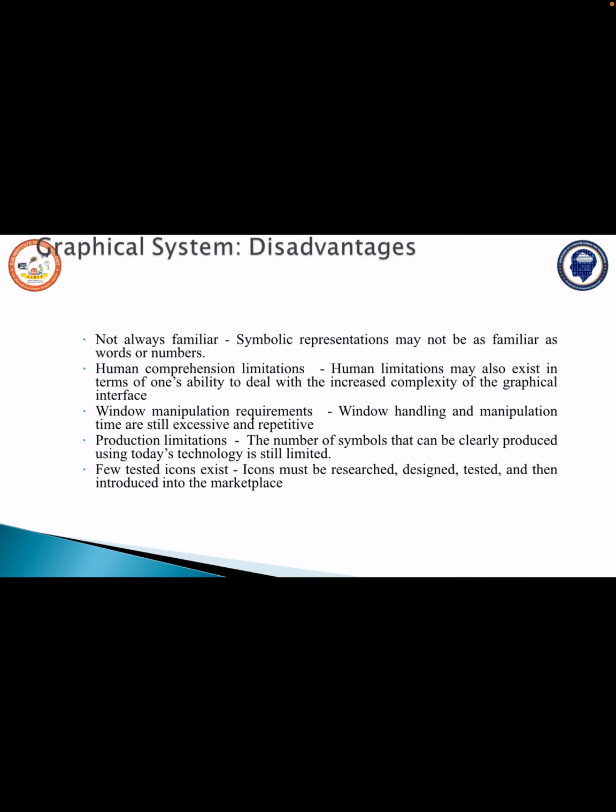Window handling and manipulation time are still expensive, and it is repetitive. Production limitation. The number of symbols that can be clearly produced using today's technology is still limited. So as I told, whenever we go with the GUI design, we should see the length and breadth of the screen in which we are trying to fit the menus.